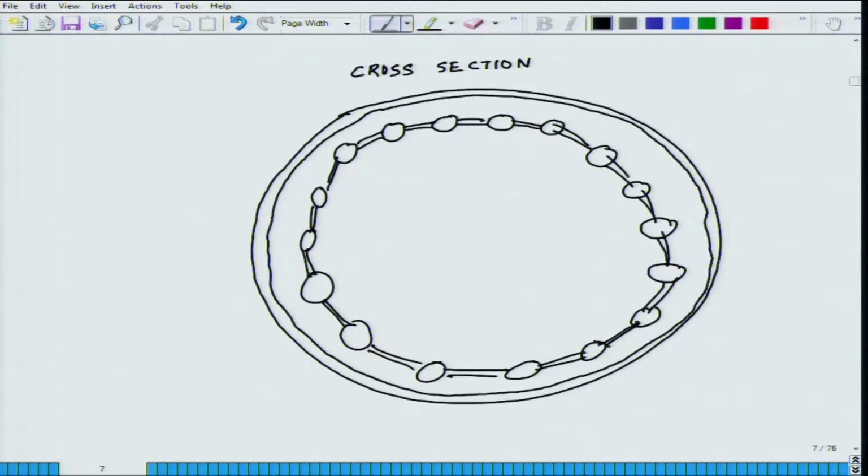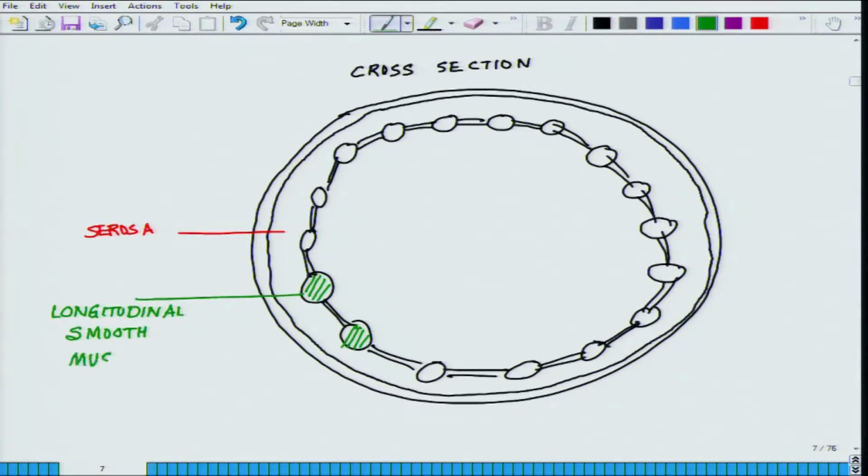So, this next layer, the space between this and this is called serosa. And this layer you see is called longitudinal smooth muscle.